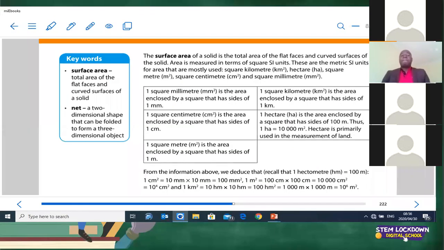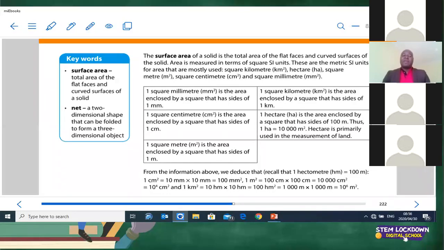Now, we've also spoken about the surface area of solids. We said that the surface area of any solid is the total area of the flat faces and the curved surfaces. And we measure this in square units.